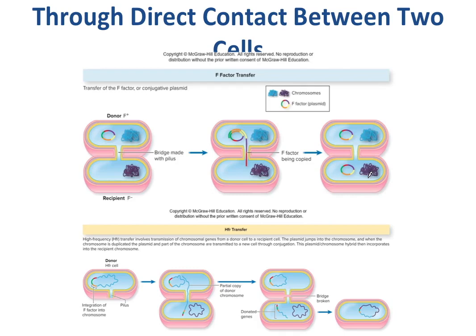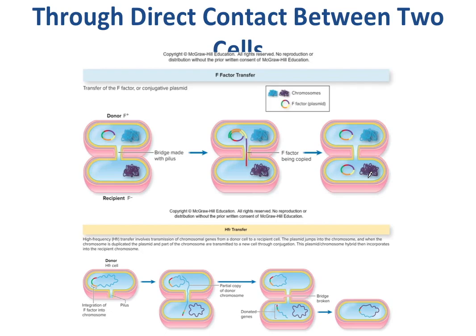Okay, so high frequency transfer. That means the plasmid has to be integrated into the bacterial chromosome. So once the chromosome is replicated, the plasmid information can also be replicated.